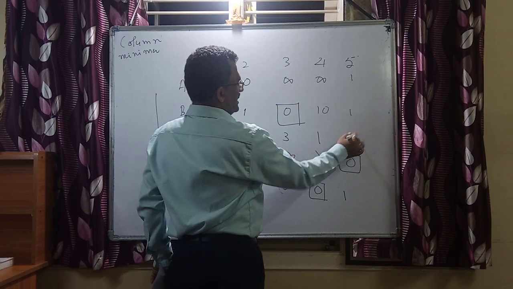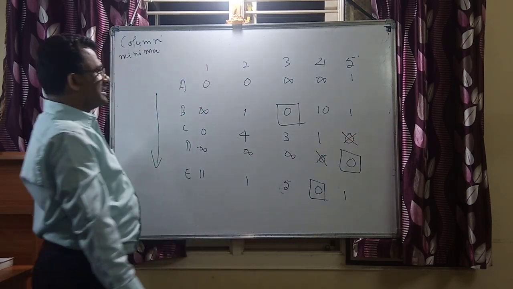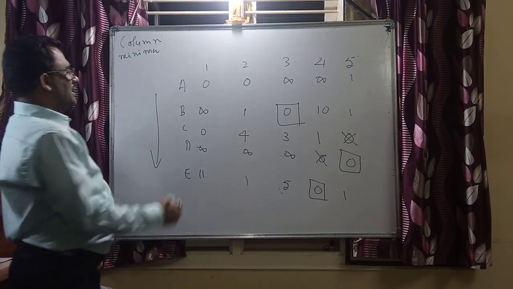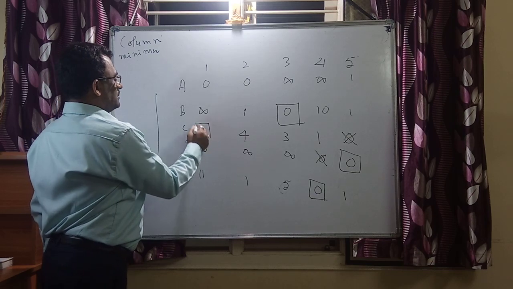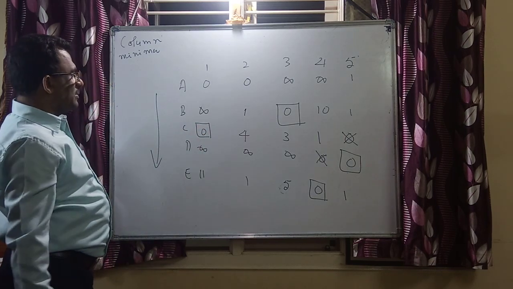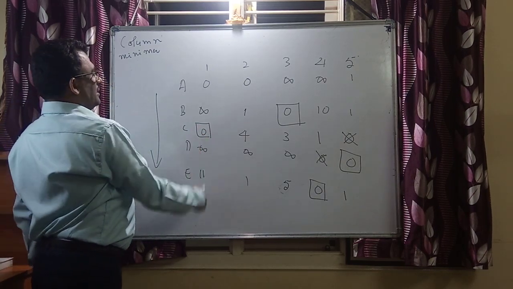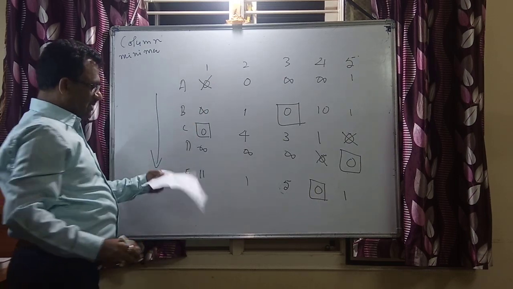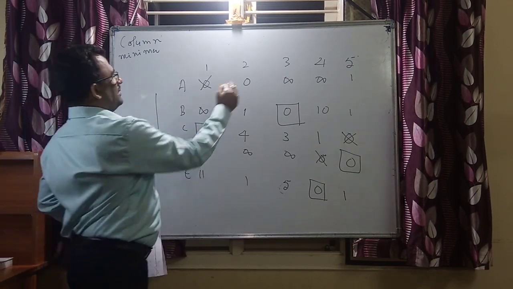Now this is cancelled here. Look at this, I am left with only one 0 here. Now with only one 0, this is allocated, and the respective 0 is cancelled. Now I am going to have this allocation.